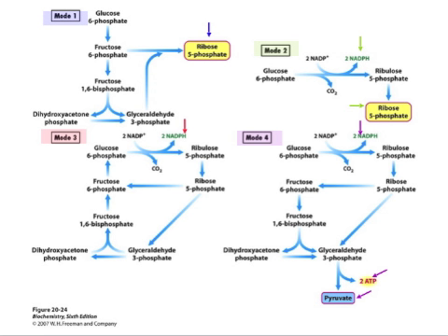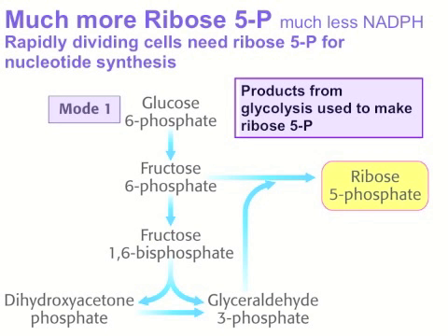And so the different ways to run these reactions are classified into 4 different modes. In mode number 1, we have a cell that needs much more ribose 5-phosphate and not so much NADPH. Maybe these are rapidly dividing cells that need a lot of ribose 5-phosphate to support nucleotide synthesis for DNA synthesis in replication.